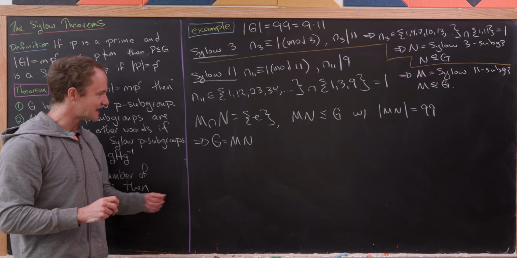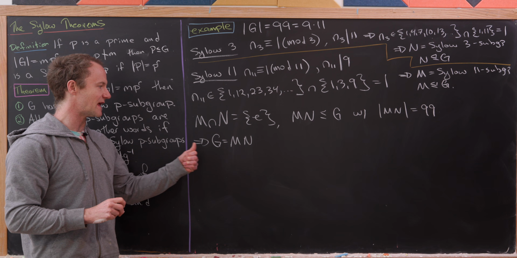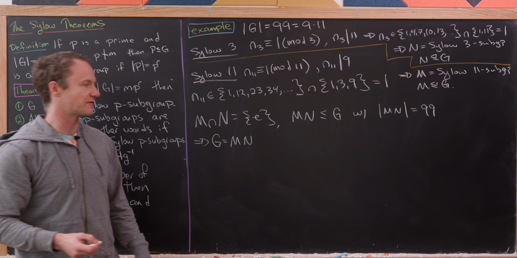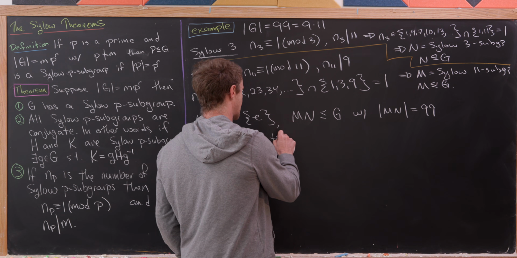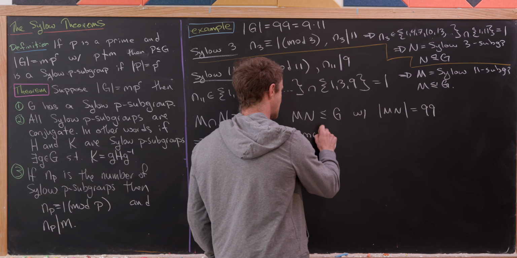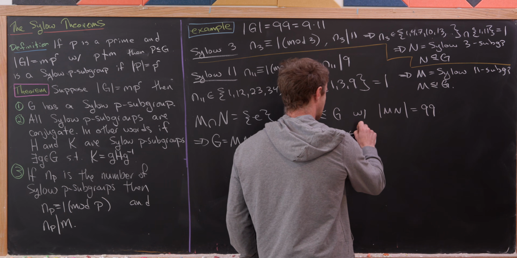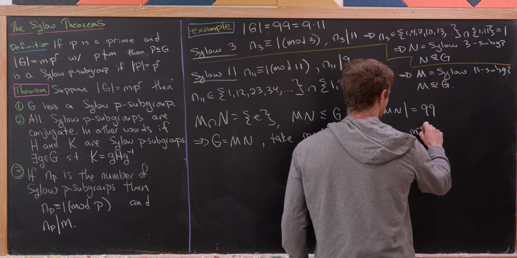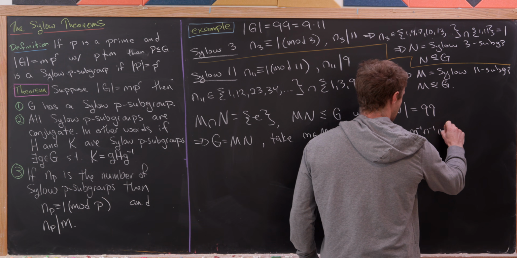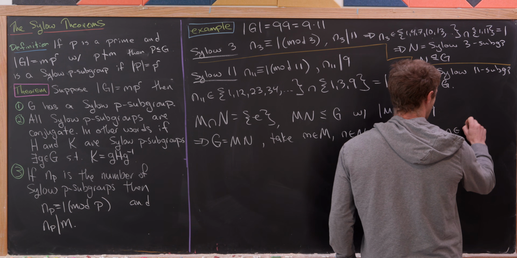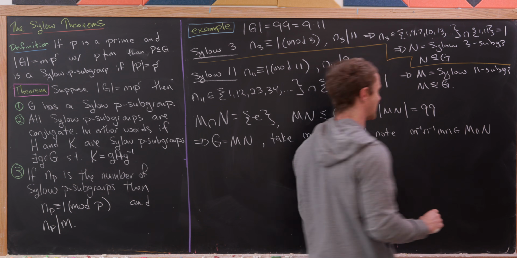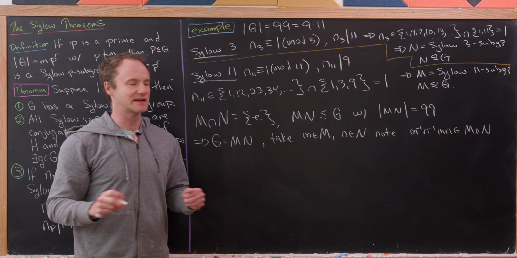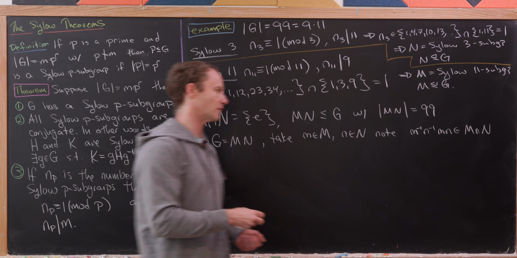And now we can do the same kind of thing to show that everything from M commutes with everything from N. So let's do that. Let's take little m from capital M and little n from capital N, and then note that m inverse n inverse mn must be from the intersection of M and N, using exactly the same strategy that we did before.